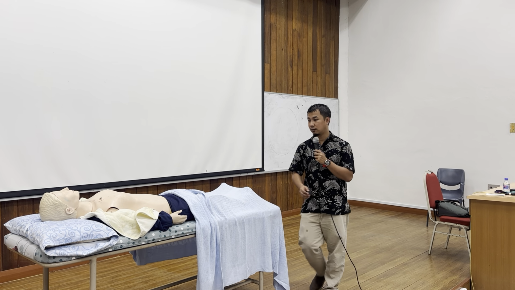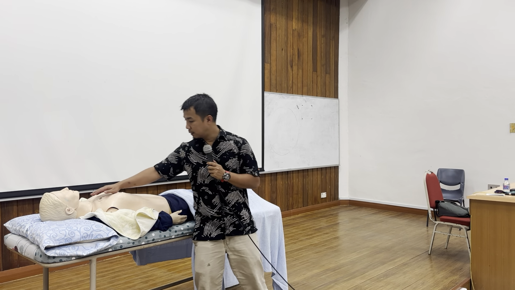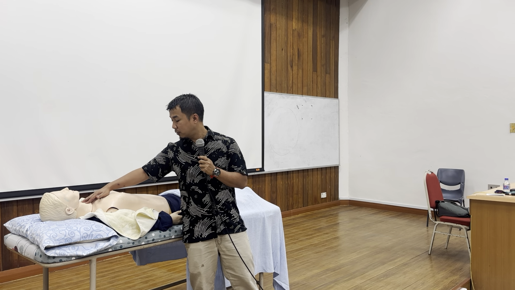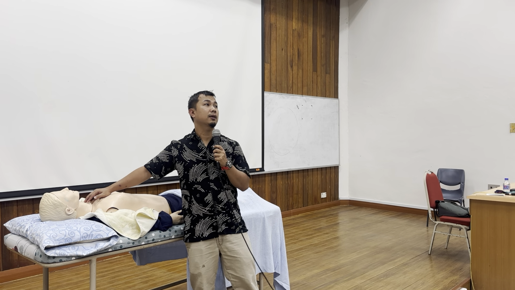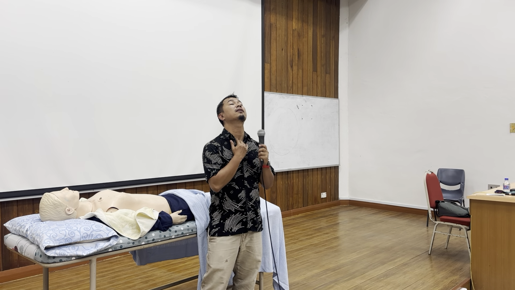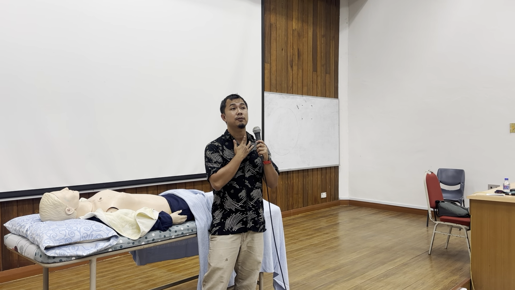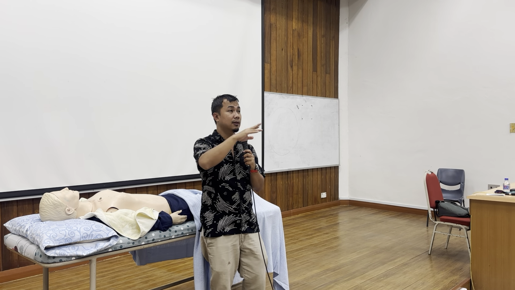You just press your fingers in the middle, at the trachea. And then you feel the space between right and left. Usually it should be an equal distance between right and left.